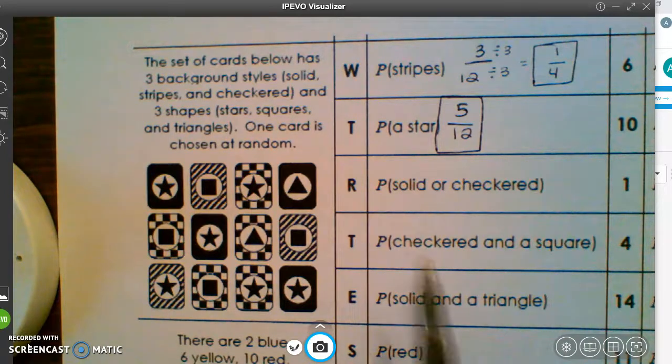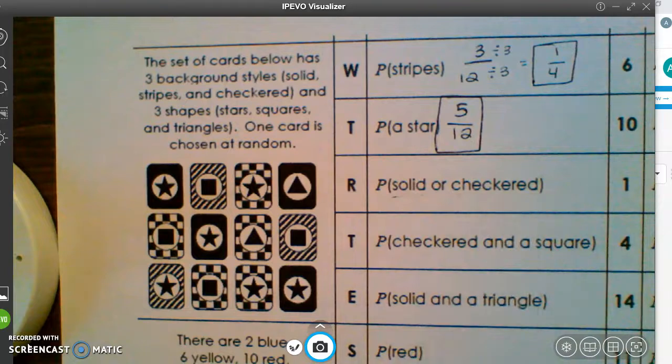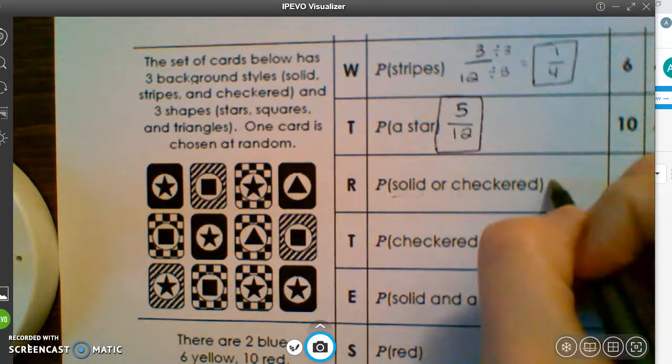So that means we need to count the number of solids and the number of checkered cards. So if I count the number of solids, there's 1, 2, 3, 4. Number of checkered, 5, 6, 7, 8, 9. So there are 9 cards within these 12 that are either solid or checkered.